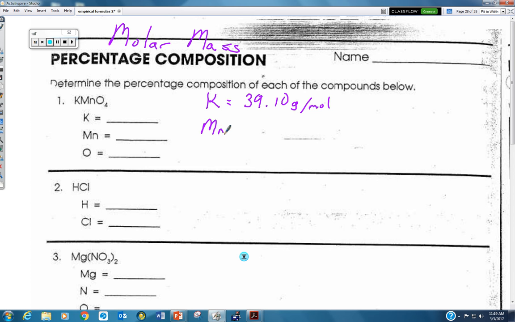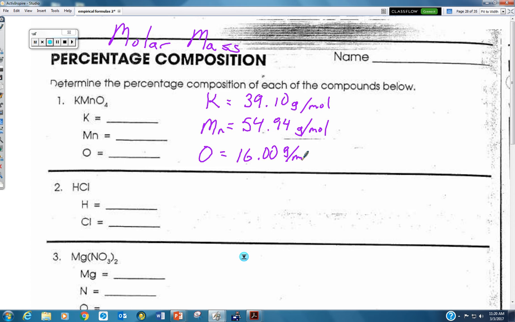Manganese, we can look at the periodic table and determine that it has 54.94 grams per mole. And oxygen has 16 grams per mole.